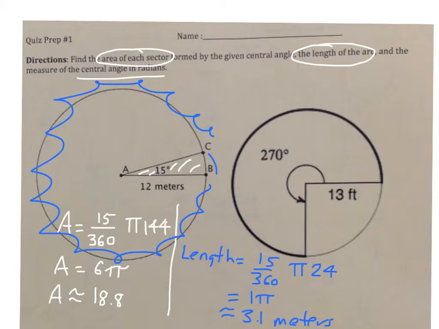All right, and then finally, to find the measure of the central angle in radians, the last part of the question says to find out how many radians it's worth. We're going to use this radian formula. The number of radians an angle is worth is the arc length divided by the radius.